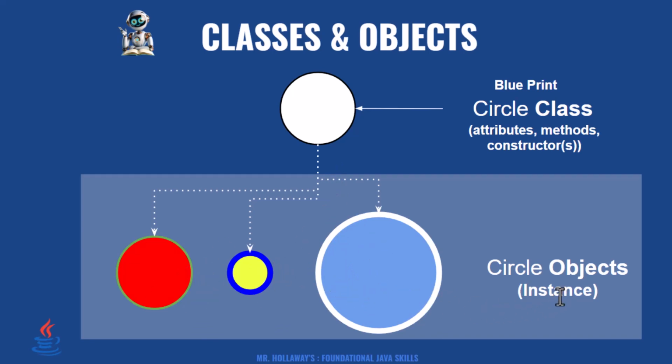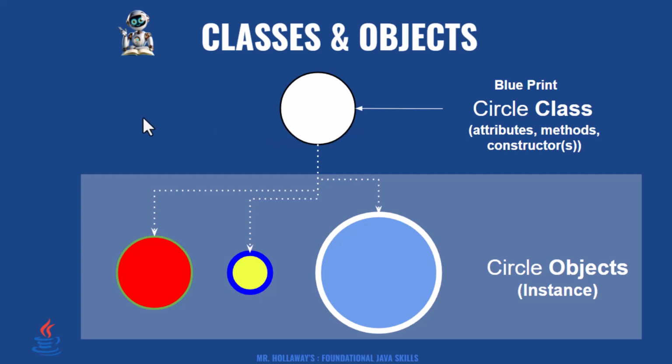We can call these instances, we can call them copies, but they are circles. And we learned how to make these circles with this original blueprint. And so that really is essentially what a class does. It's a blueprint for someone to make other objects.